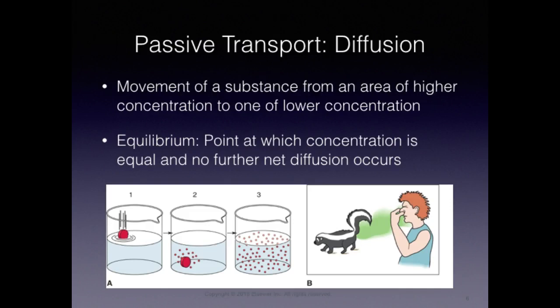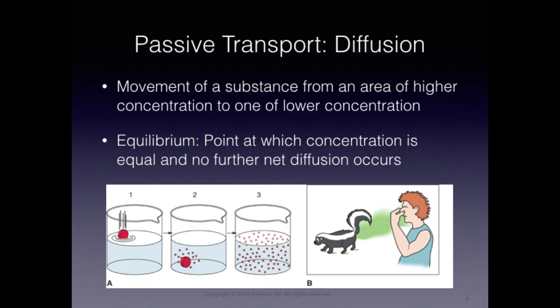So diffusion is the most common transport mechanism. If you look at our picture on the left, it shows the diffusion of a little red tablet, a little red dye. So the concentration of the tablet when it goes in is of course high in that location.